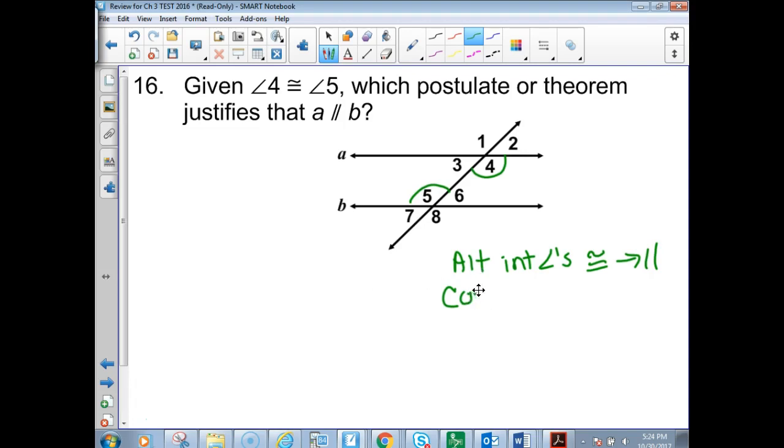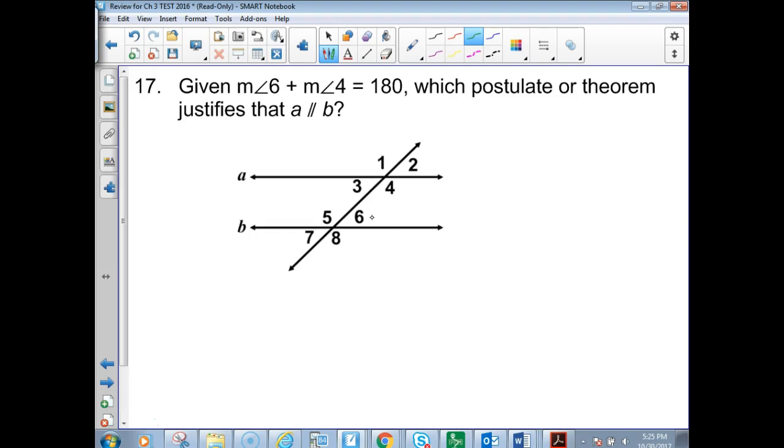Alternate interior angles theorem converse. I prefer saying what it says. So I would prefer to see alternate interior angles congruent then parallel, and that is what we put in our ISN.